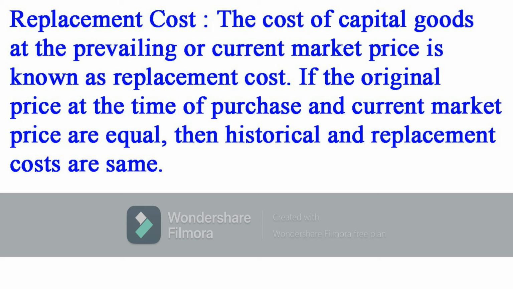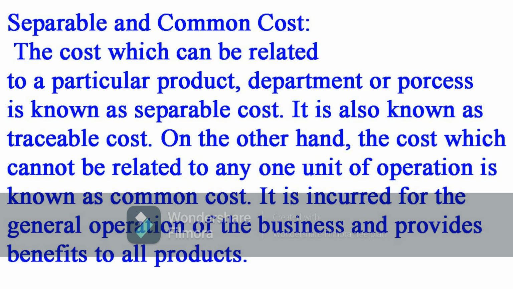Another one, separable cost and joint cost or common cost. The cost which can be related to a particular product, department or process is known as separable cost. It is sometimes also called traceable cost. On the other hand, the cost which cannot be related to any one unit of operation is known as common cost or joint cost.